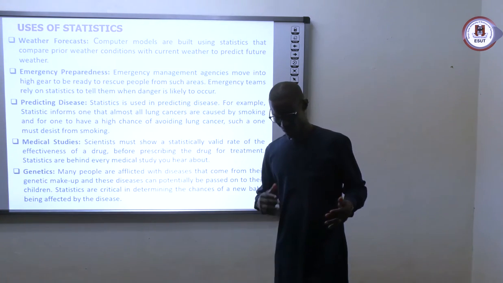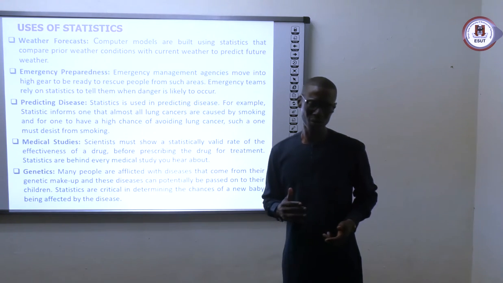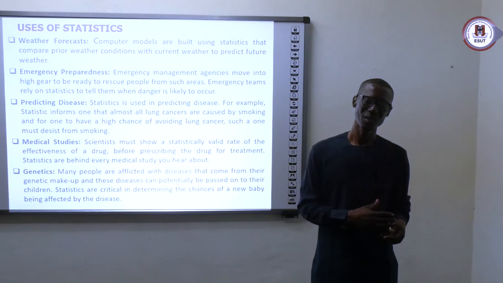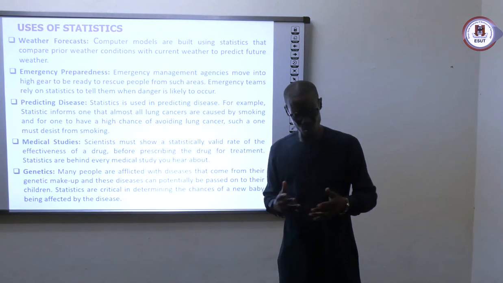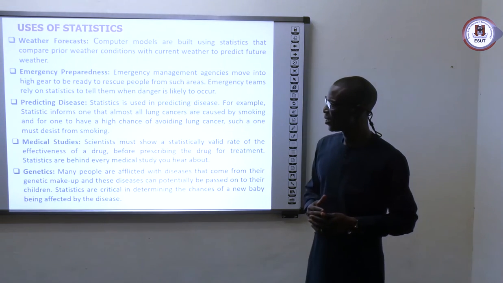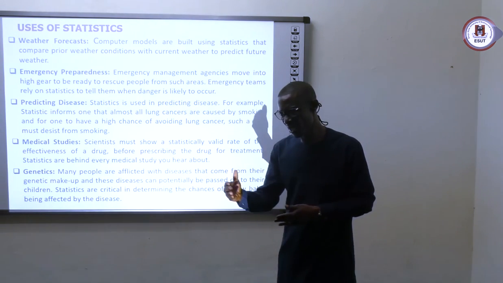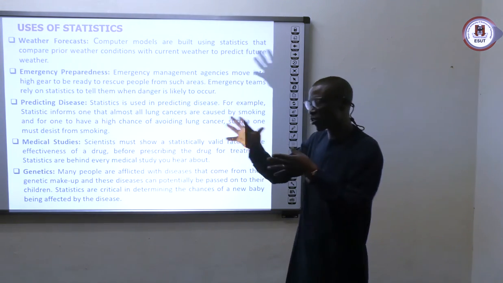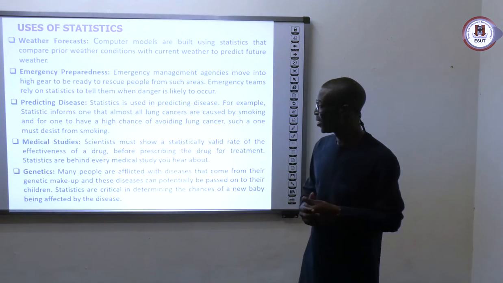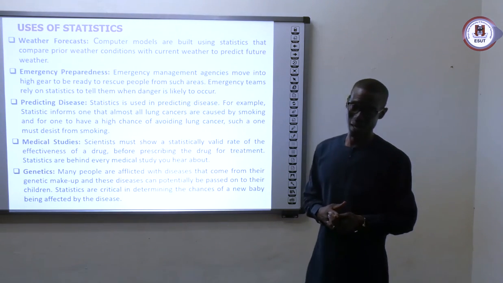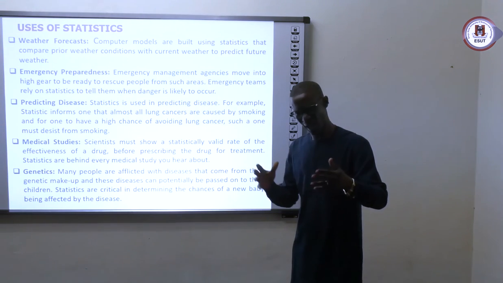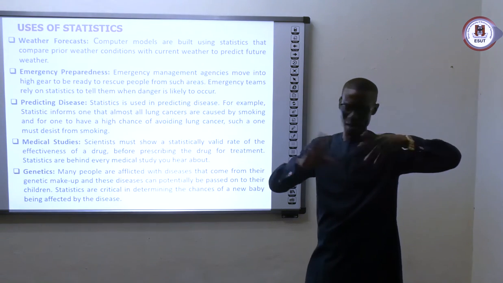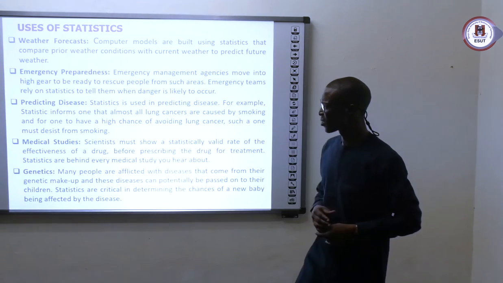For instance, if changes in weather condition at a particular season of the year cause flooding, with the use of statistics, the weather agencies will be able to predict which season of the year flooding could occur and which part of the city or the country is flood prone. So statistically, through the weather gauge and temperature gauge, they could know that this area is prone to danger. So statistics is very good for that.